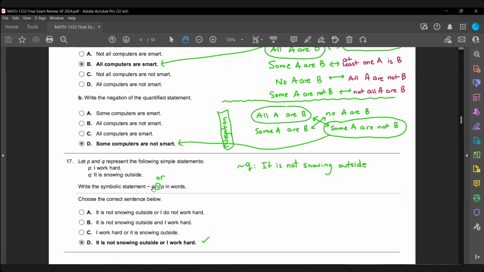For the simple statement Q, there is that squiggly notation, which is the negation of Q. All I'm going to do in this case is introduce the word not. So therefore, not Q reads, it is not snowing outside. Putting things together, we have, it is not snowing outside, or I work hard.